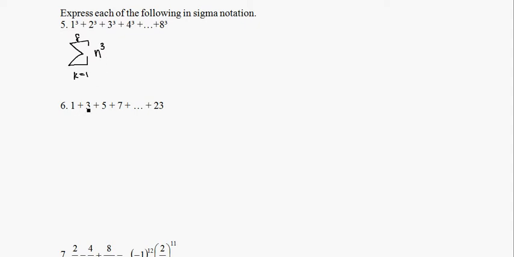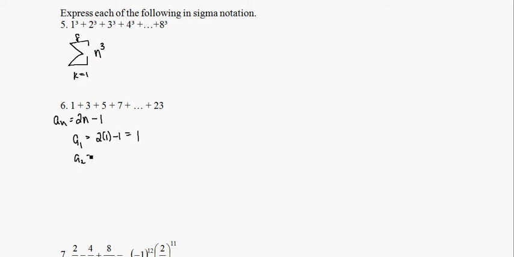The next one we have, these are all odd numbers stopping at 23. The only difference between odd and even numbers is a difference of 1. So if I take 2n and minus 1, that's going to give me any odd number I want. If this is a sub n, if I plug in 1, I get 2 times 1 minus 1, which gives me 1.